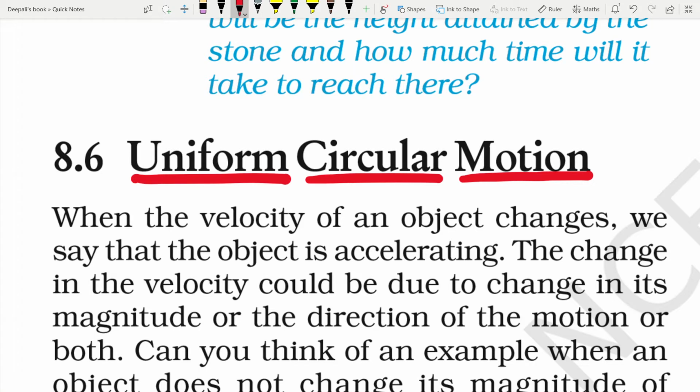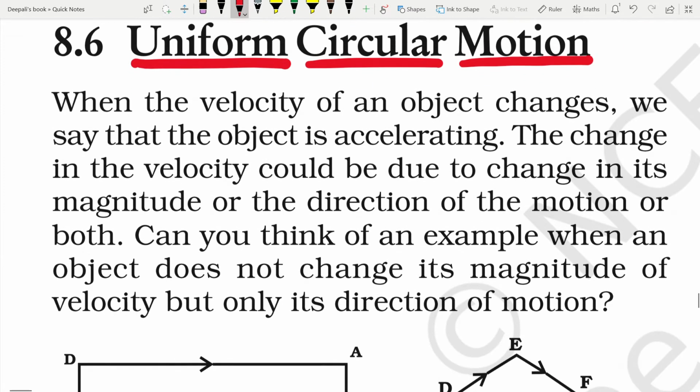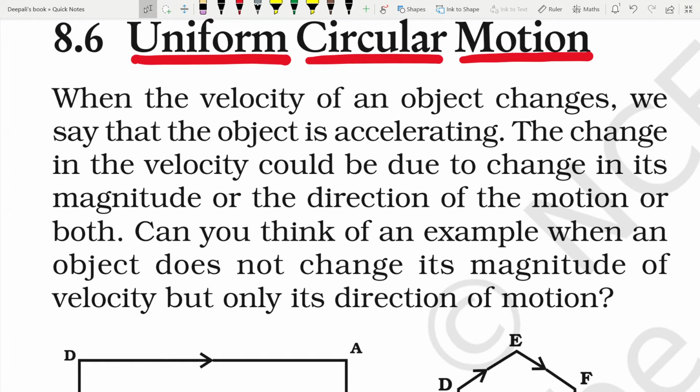Now, when the velocity of an object changes, we say that the object is accelerating. The change in velocity could be due to change in its magnitude or the direction of motion or both. Can you think of an example when an object does not change its magnitude of velocity but only its direction of motion?